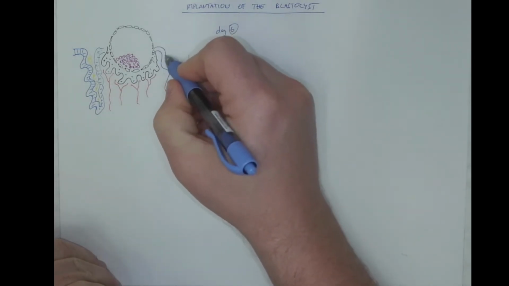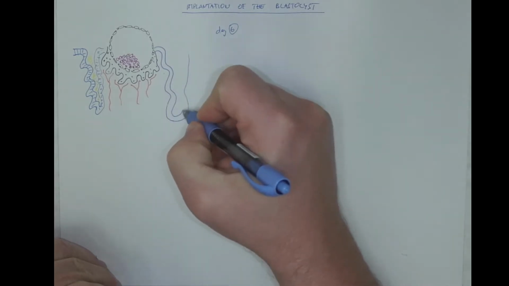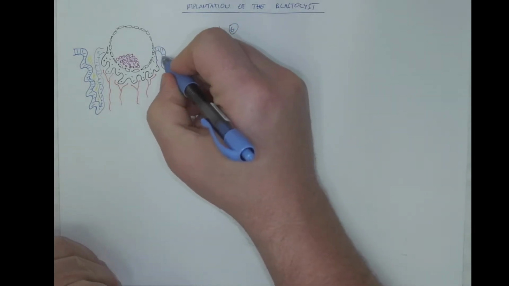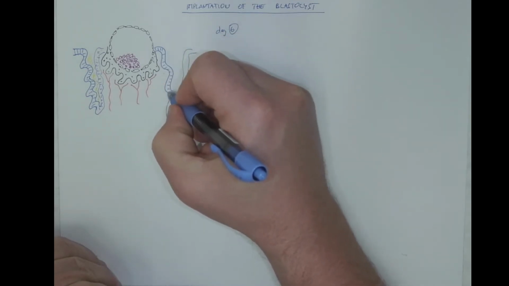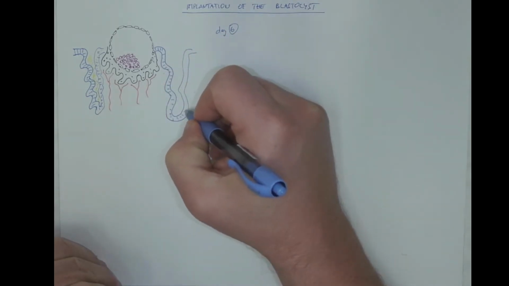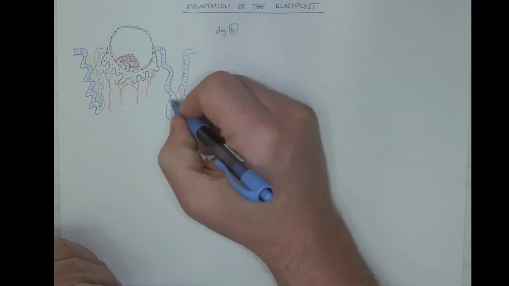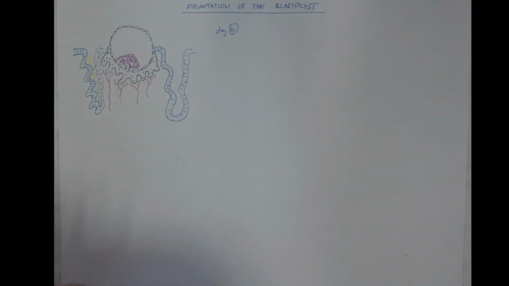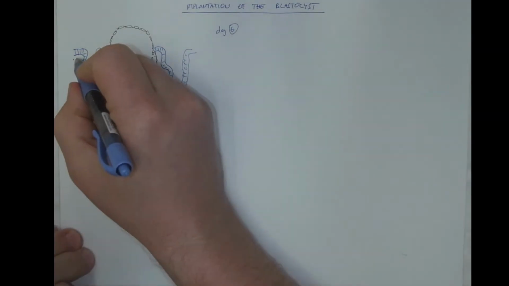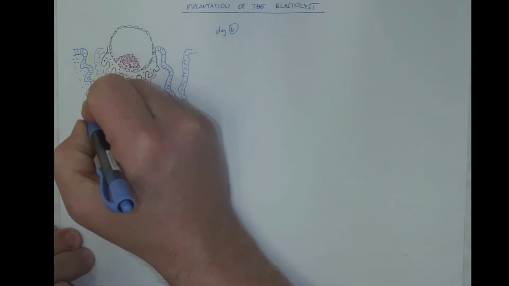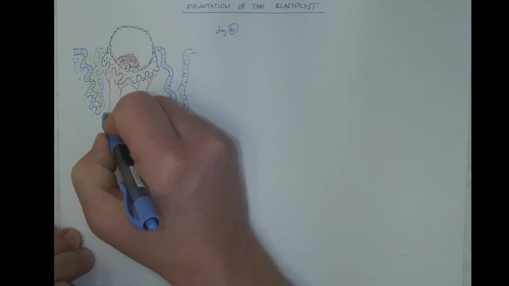Okay, here's another gland. We should not forget the endometrial stroma, which is the connective tissue component of the uterine mucosa.